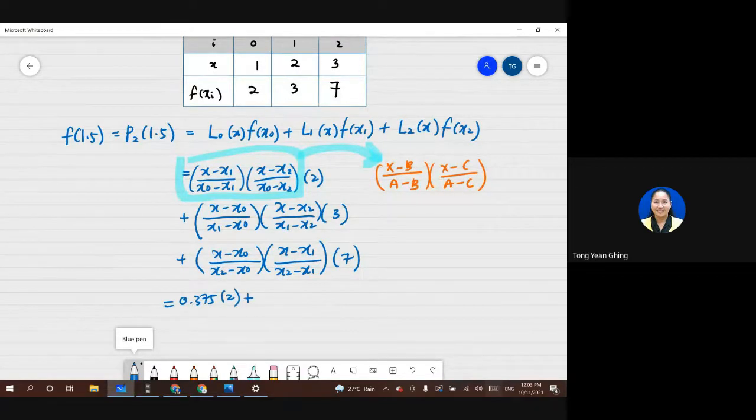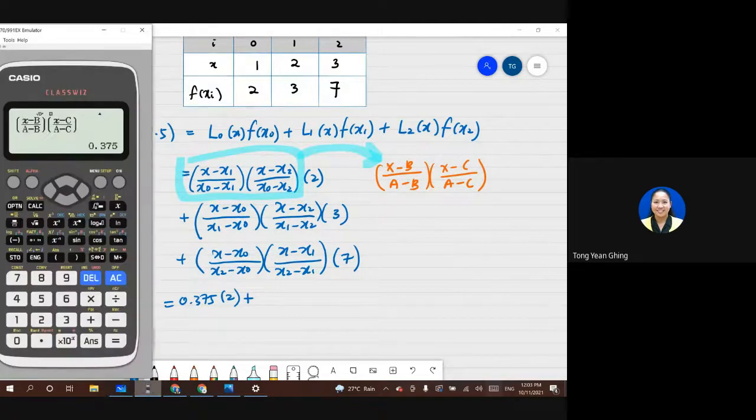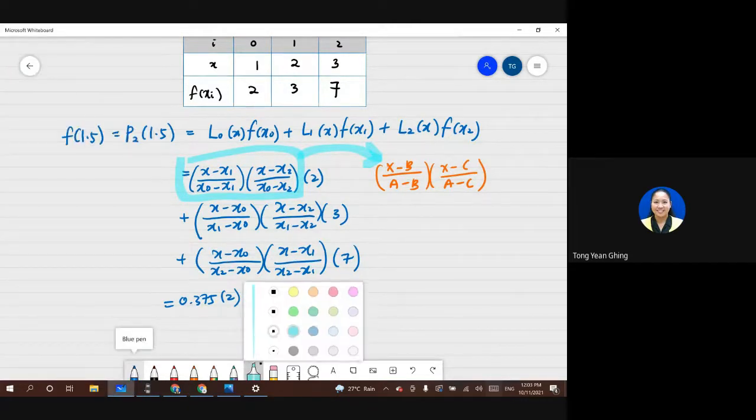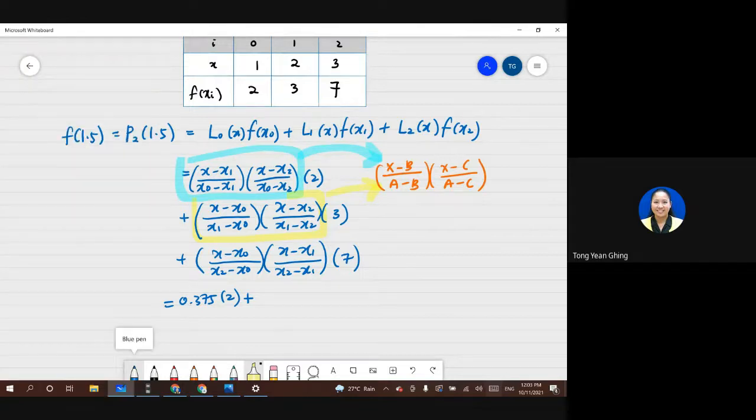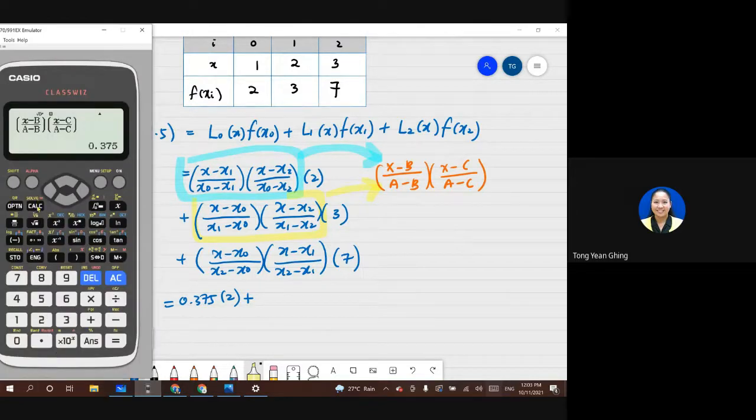And plus, now refer to the second one. Calculate. x is still the same, 1.5. Now b is x0, x0 is 1. a is now x1, so x1 is 2. c is the same.